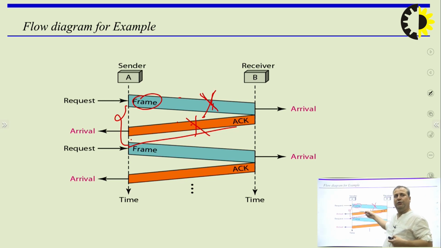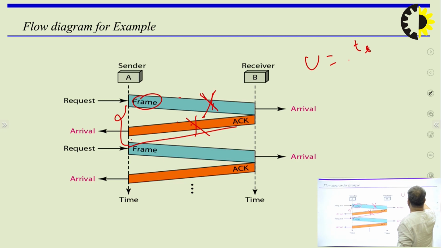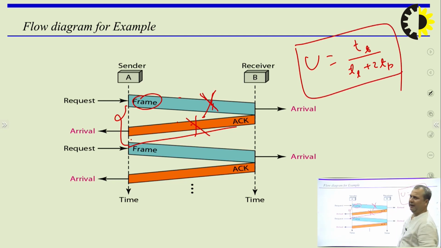So TT and 2TP. If you want to calculate the channel utilization U, it will be TT, the transmission time, divided by TT plus 2TP. This will be the channel utilization, which is quite low in the case of the stop and wait protocol.